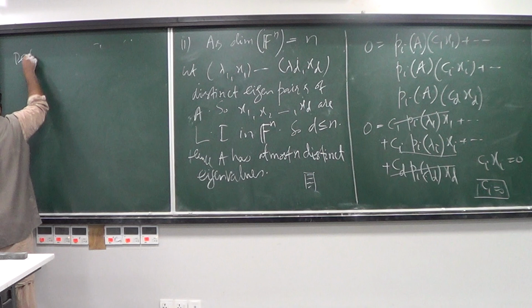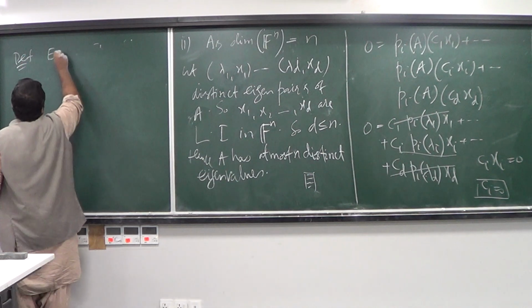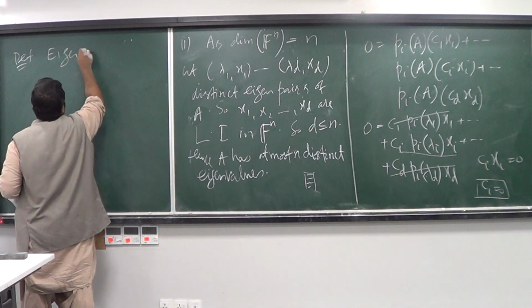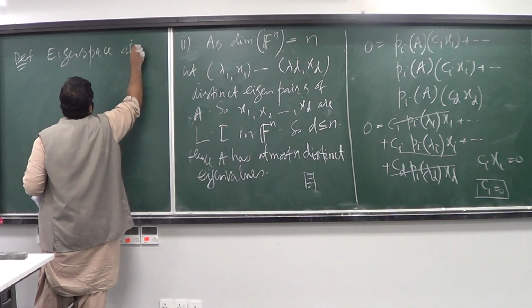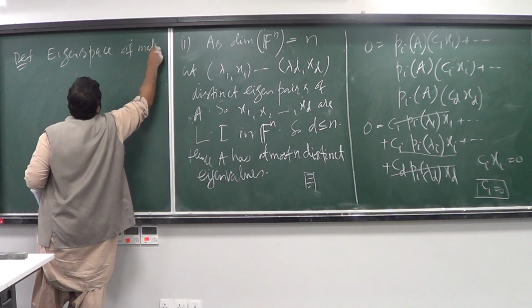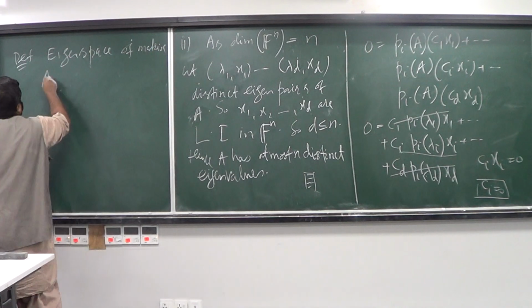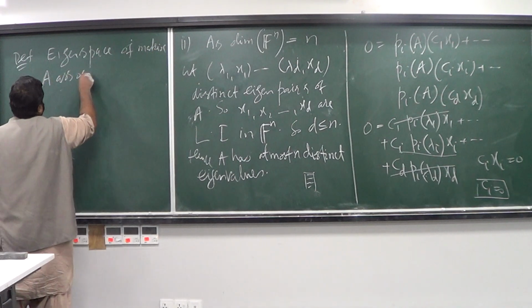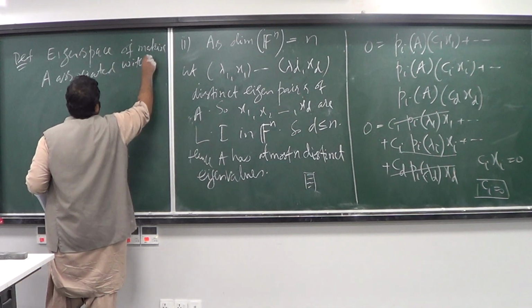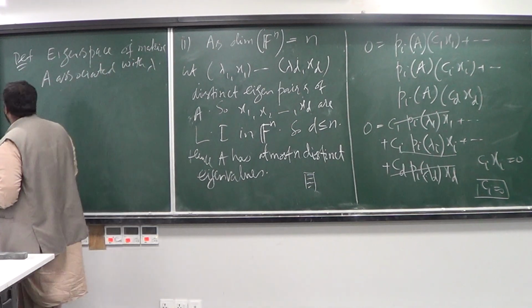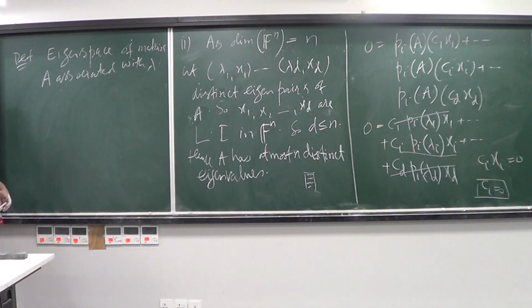Let me define the eigenspace of matrix A associated with the eigenvalue lambda.